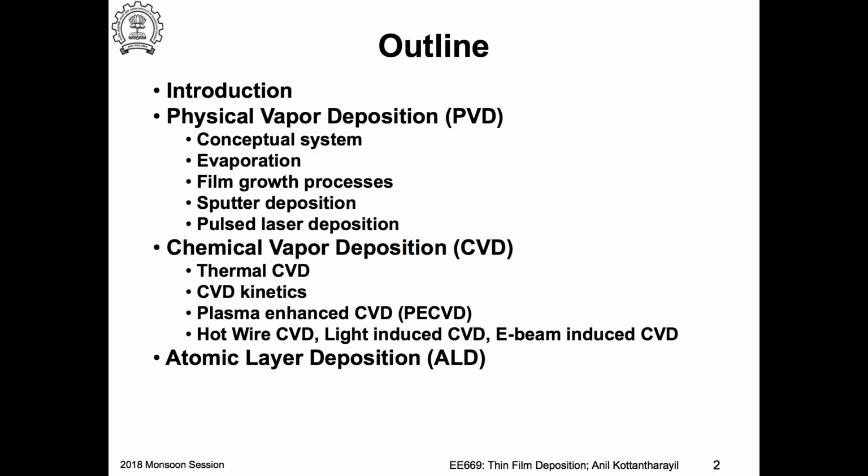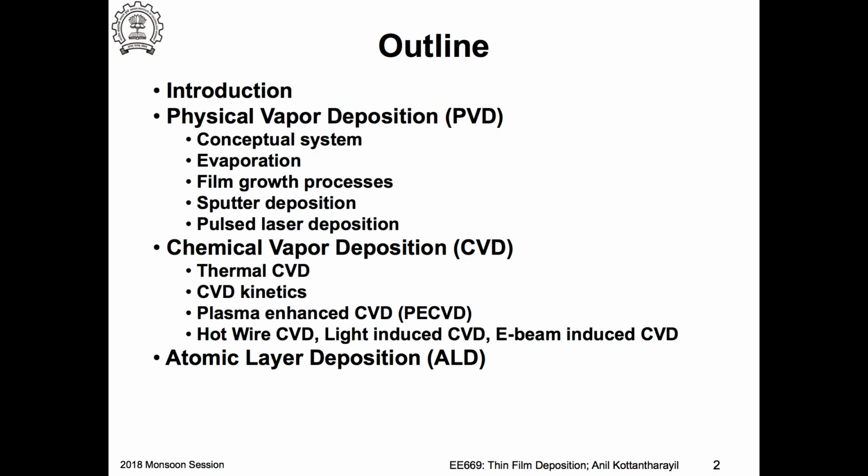Okay, and within plasma itself, you have several varieties depending on how you create the plasma. And then hot wire CVD. So here you actually break the precursors using a hot wire. Usually the wire is made of tungsten, so you can heat it to very high temperature.